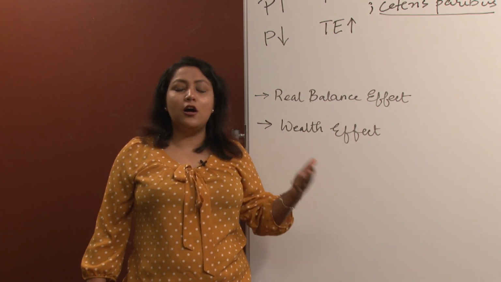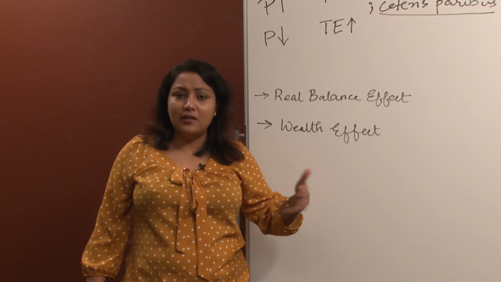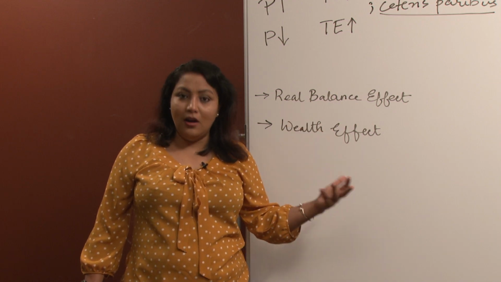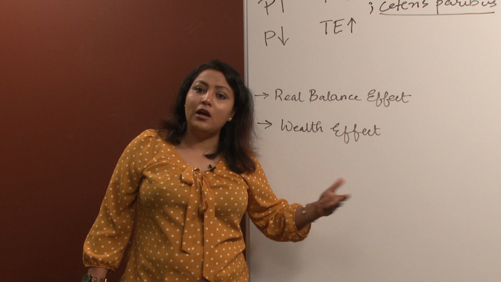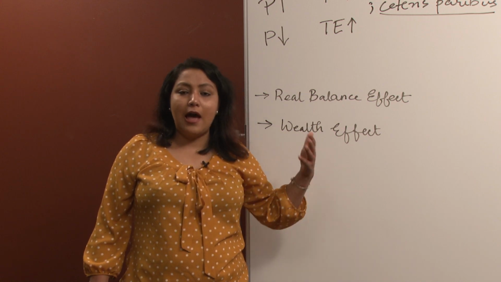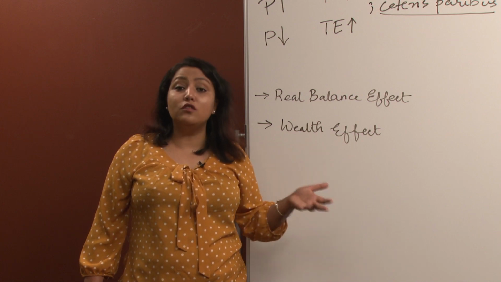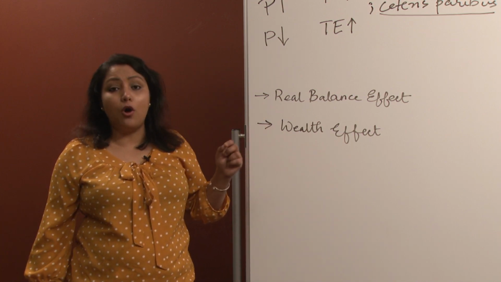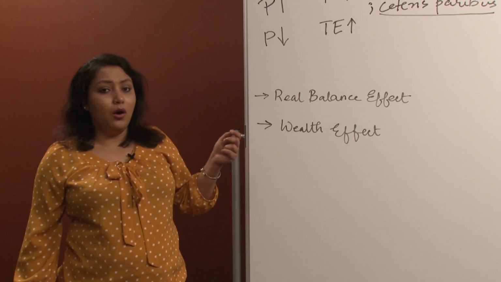You often have heard your parents or your grandparents say this, right? We could buy so much with so little earlier. So, they are basically talking about the wealth effect, the fact that the value of assets have gone down because of inflation. Now, once again, please remember the wealth could be monetary or non-monetary wealth.